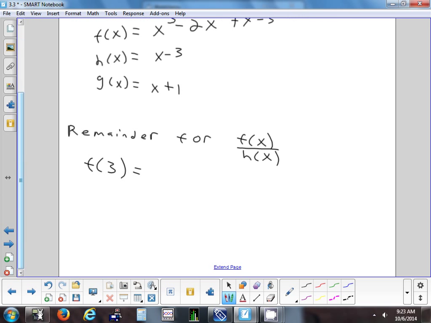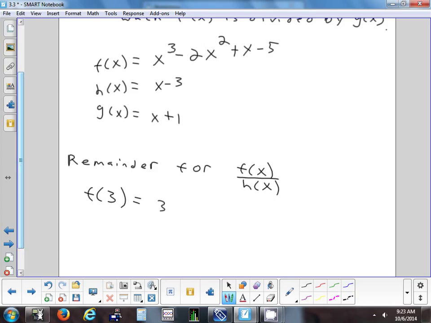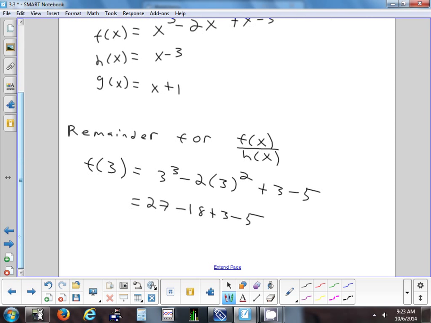So let's plug 3 in, see what we get. We get 3 cubed minus 2 times 3 squared plus 3 minus 5. So 3 cubed is going to give me 27. Minus 3 squared is 9 times 2 is 18. Plus 3 minus 5. Okay, Taylor, what's 27 minus 18? 9, yep.